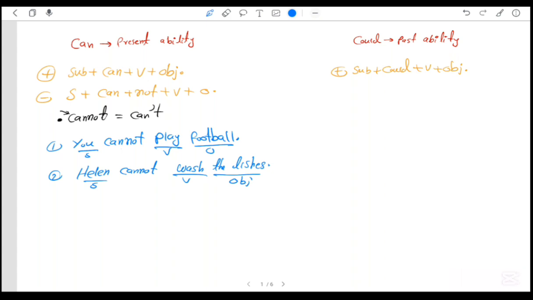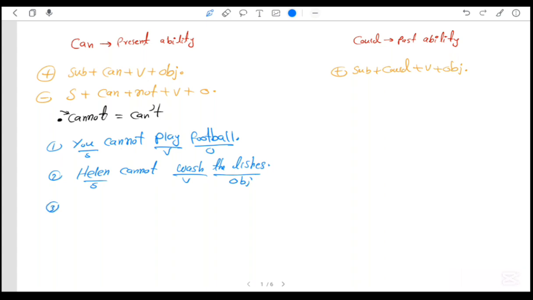But right now, she does not have the ability to wash the dishes. So as you can see, we write cannot together. We're not writing them separately. In the past we did, but in modern grammar we actually don't do that. Even many traditional grammarians wrote cannot together.